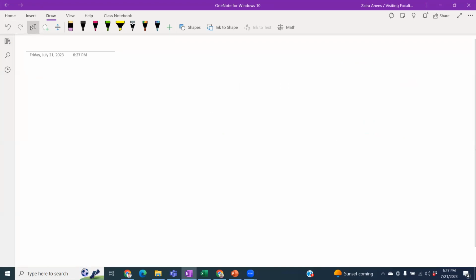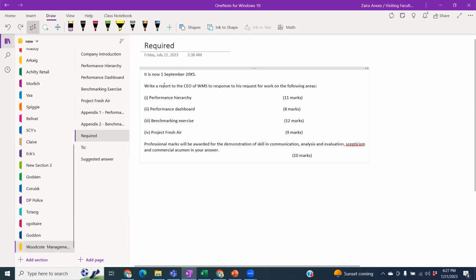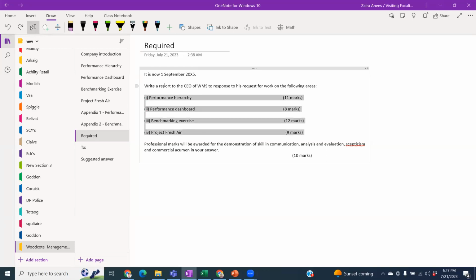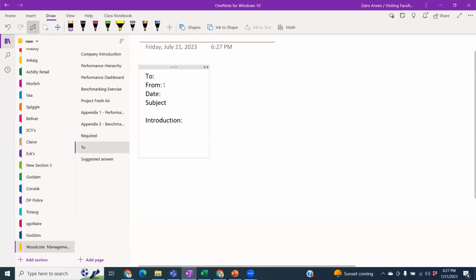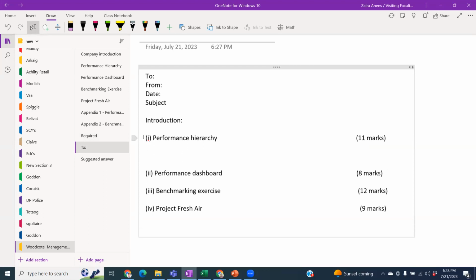So we always start with these headings, irrespective of whatever has been asked by the examiner: to, from, date, subject, and introduction. And after writing these 5 headings, try to copy and paste these requirements along with the marks. Right?